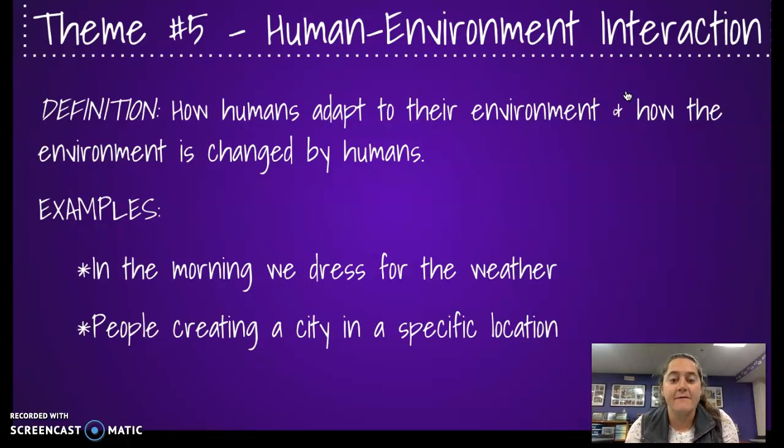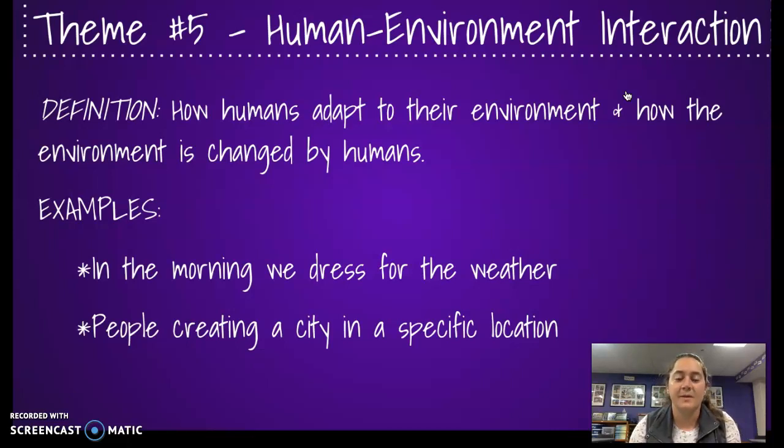Theme number 5, and your head might be swimming with like, oh my gosh, this is so much new information. That is okay. That feeling is going to be temporary because this is going to sink into being second nature. Theme number 5 has to do with human-environment interaction.